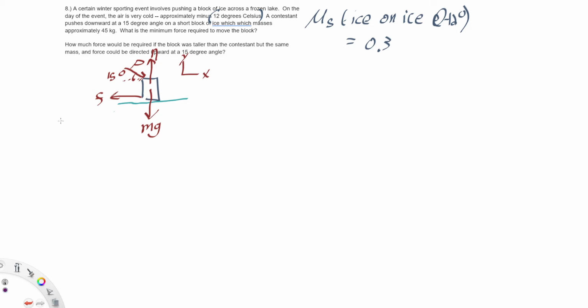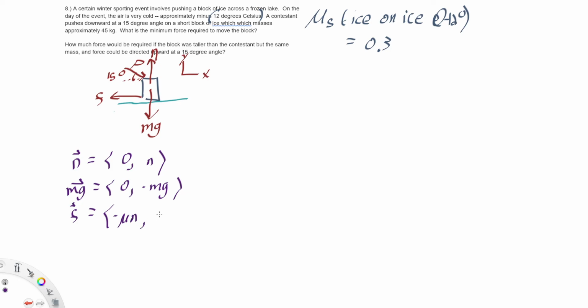Alright, so if we're saying up and right are positive, then our normal force is going to be only in the y direction. Our weight will also be only in the y direction. Our friction will only be in the x direction. And pushing force, we will have to do a little trig on, but we can see it's going to be p cosine 15 and minus p sine 15.